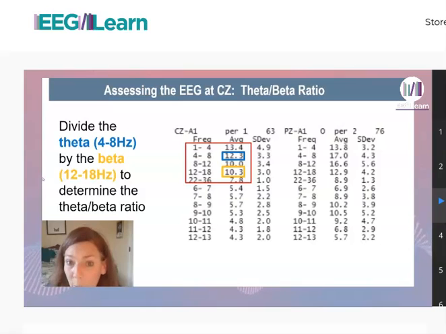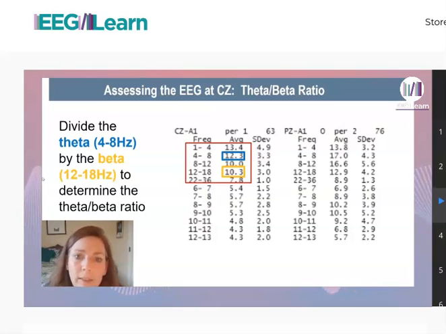And if we use that information we just found out about what those average amplitudes should be, their theta is kind of in the high single, low double digits. It's not far off from roughly around 10 microvolts, right? So we're okay there.